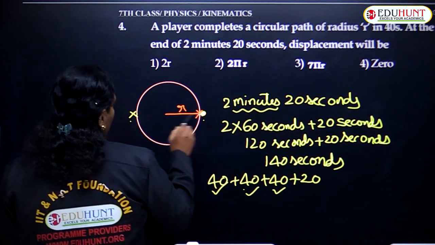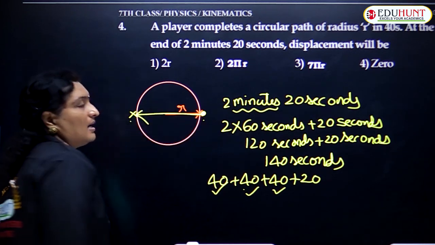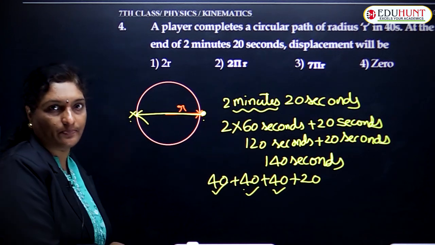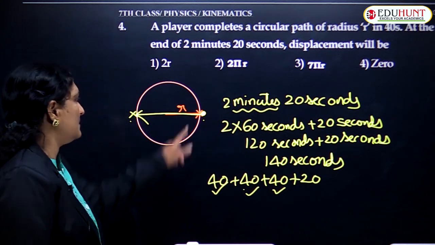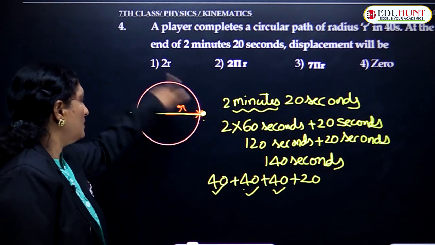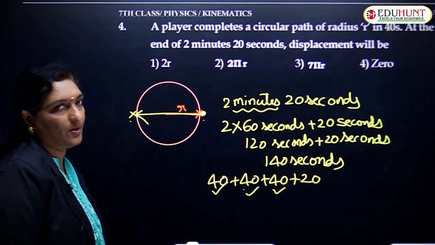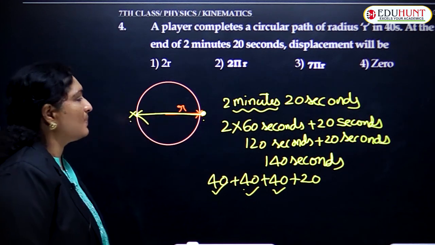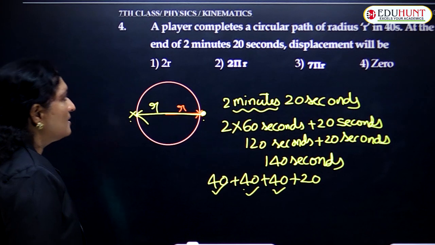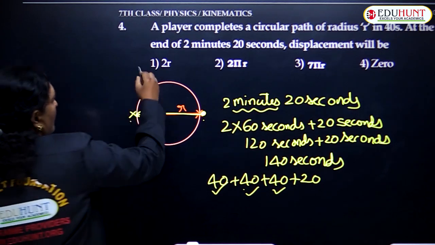From here the initial position and here the final position after 3.5 rounds. After 2 minutes 20 seconds, the body has reached this position. 1 round, 2nd round, 3rd round and half round. So what is the total displacement? R plus R. Your answer is 2R.